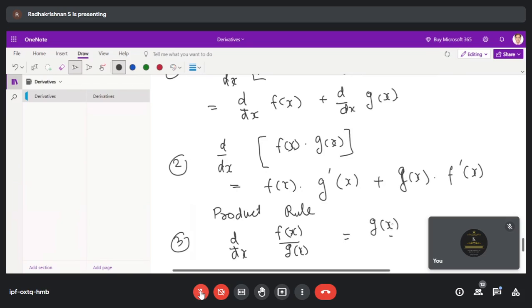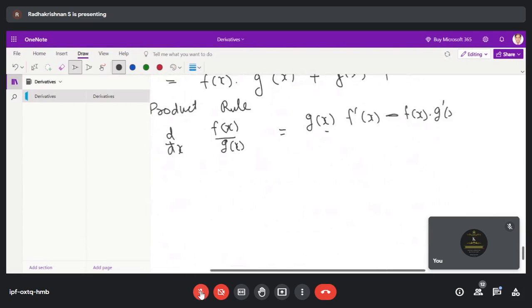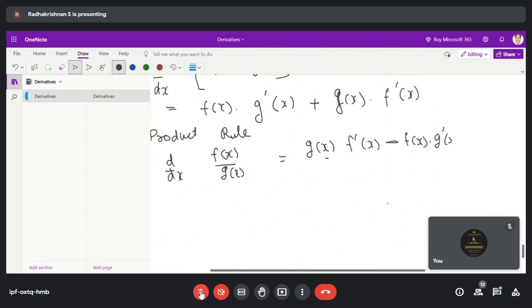Okay, g of x into f prime of x minus f of x into g prime of x, divided by g of x square. This is called the quotient rule.